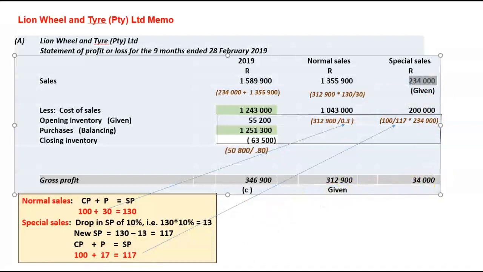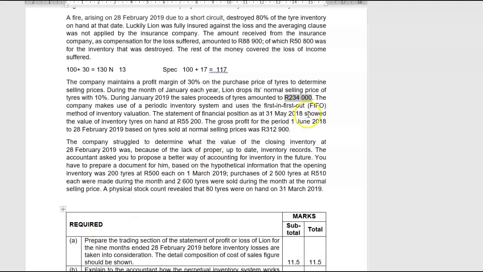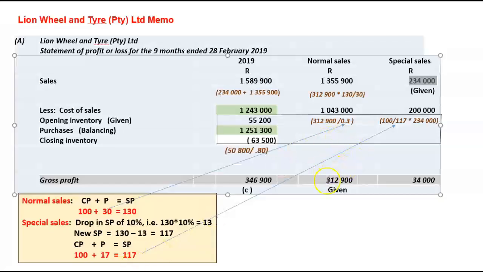Good. Then the question told me that our gross profit based on normal sales was 312,900. So we have that figure there. If we have that figure and we have this profit percentage, we can work out from the profit figure what the cost and what the selling price is.